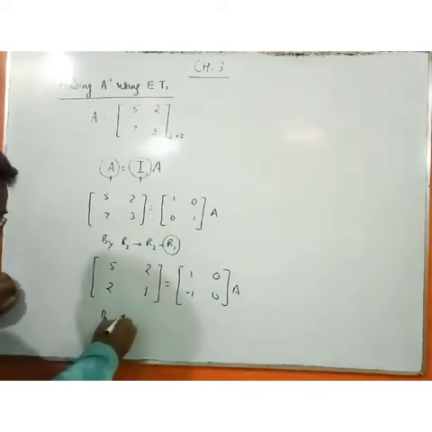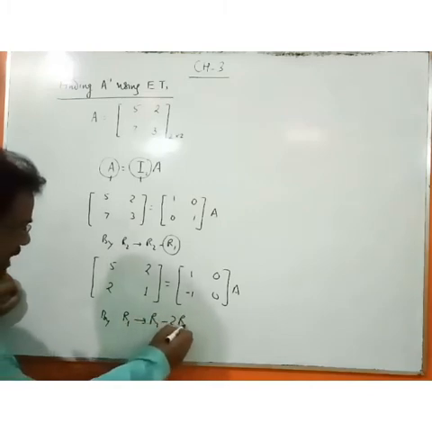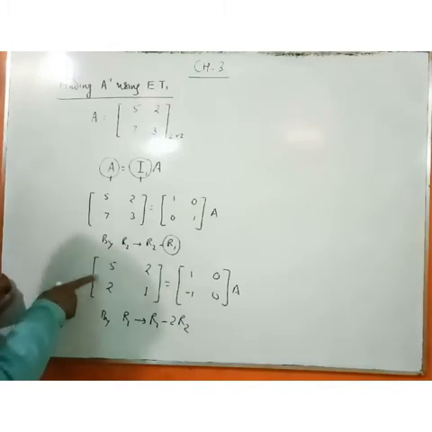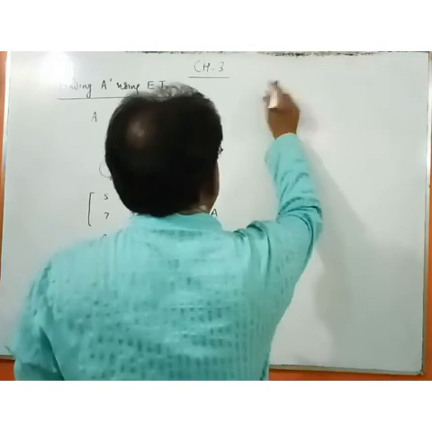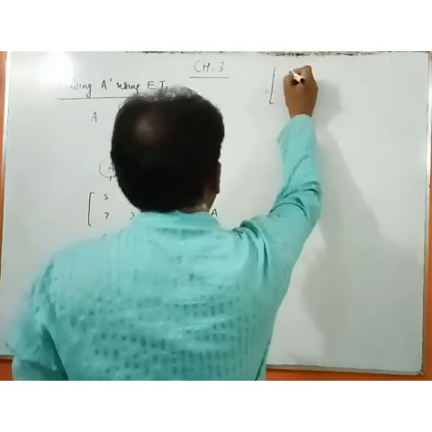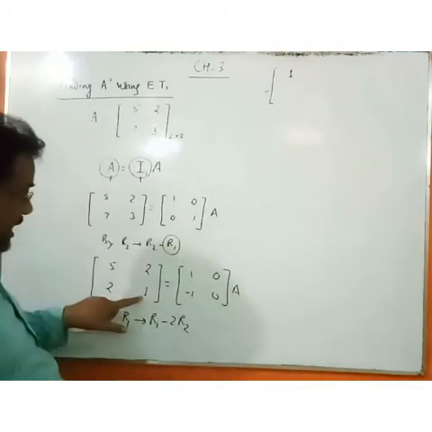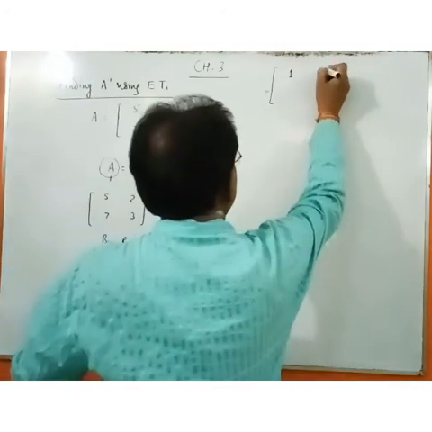Now we will apply R1 changes to R1 minus 2R2. 2 times 2 is 4, 5 minus 4 will give you 1. So here 1 will come. So this will become 1. Here 2 times 1 is 2, 2 minus 2 is 0.